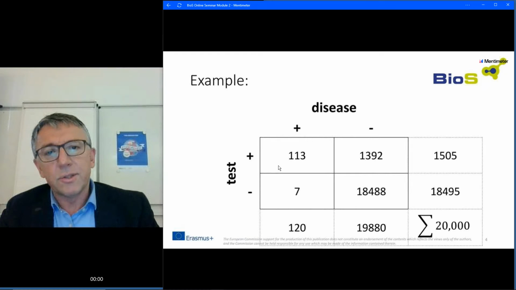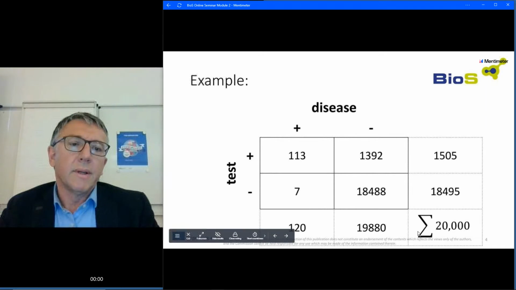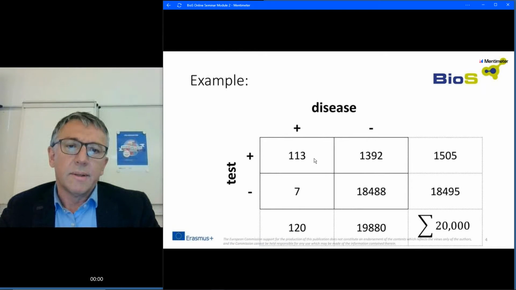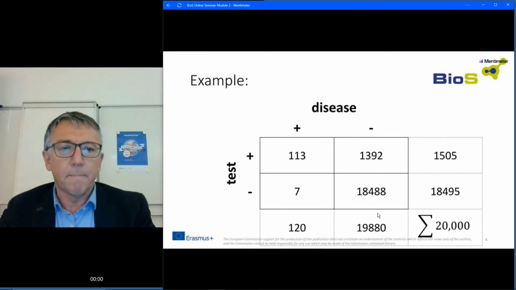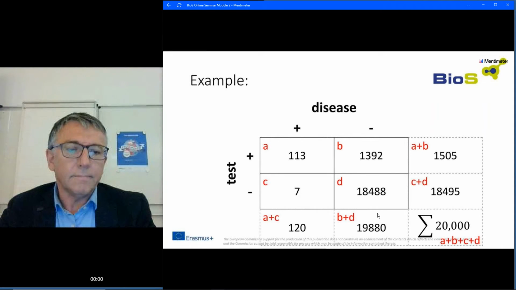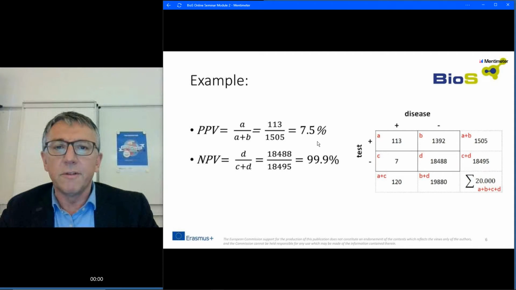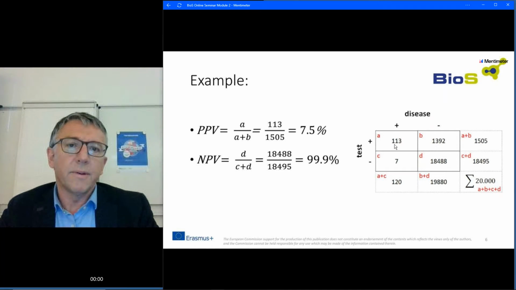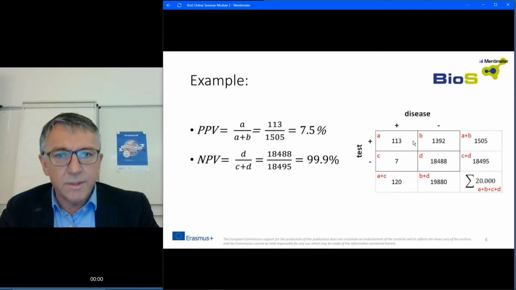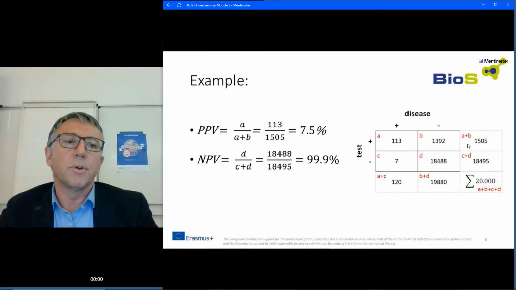So now we have filled in this 2 by 2 table, given a prevalence, a sensitivity, and a specificity of the test. Now we can use this table to calculate the positive and negative predictive values. Let's start with the positive predictive value. Those are those that are being tested positive and having the disease among all that have been tested positive.